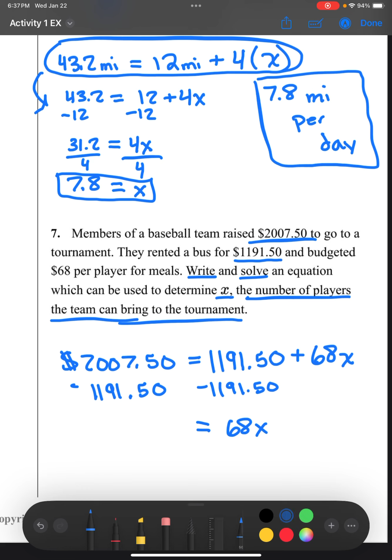Yep, so I get 816, and when we divide both sides by 68, we get x equals 12.